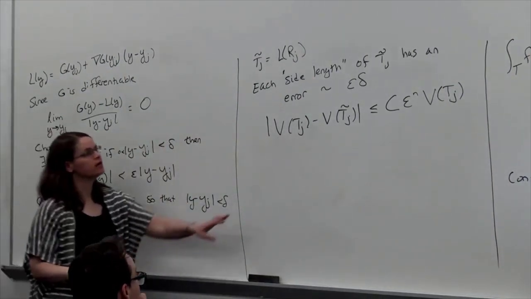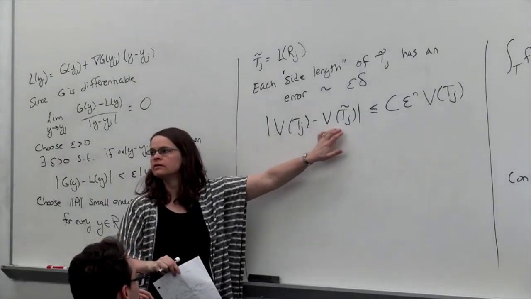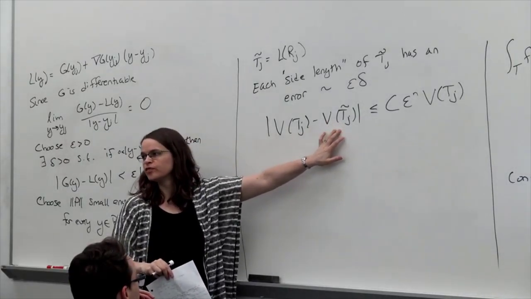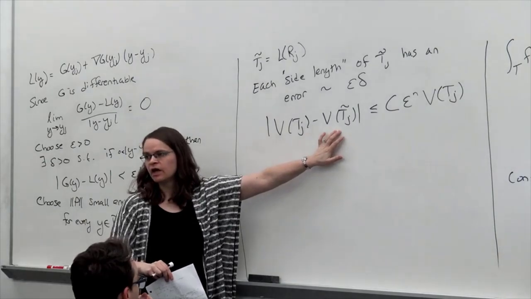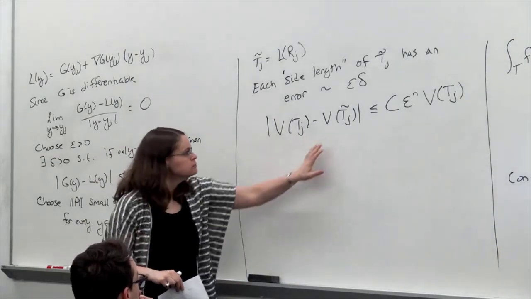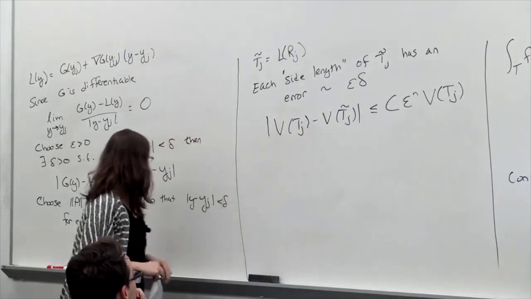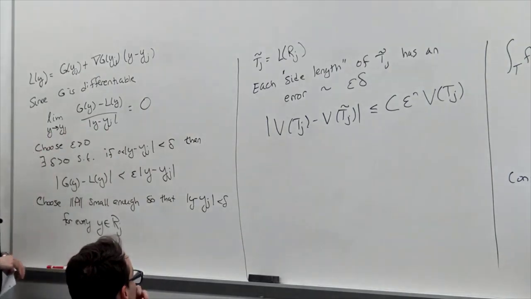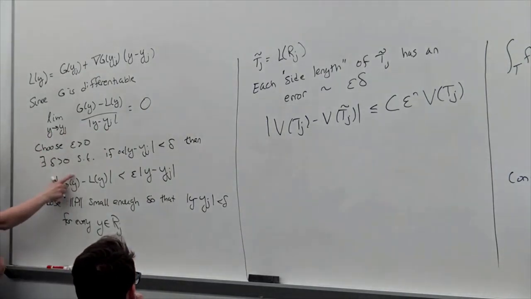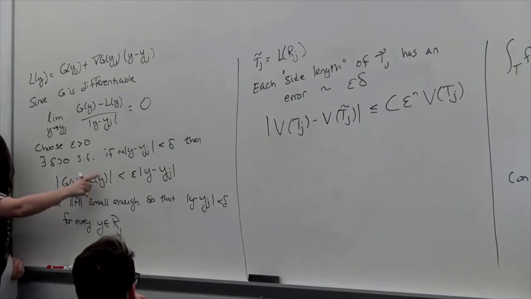Well, this guy we know. Right, in terms of the volume of Rj, we know this. It just changes the volume by a factor that depends on the Jacobian of this guy, right? Well, the Jacobian of this guy, because this guy is linear now.